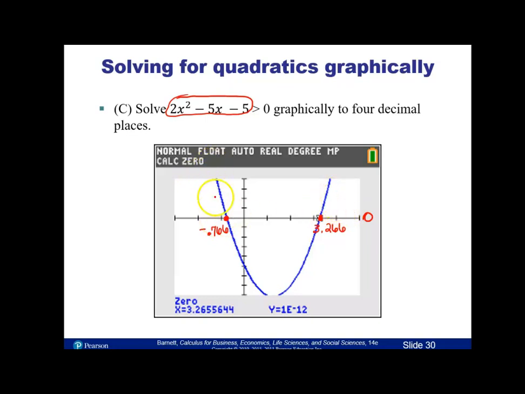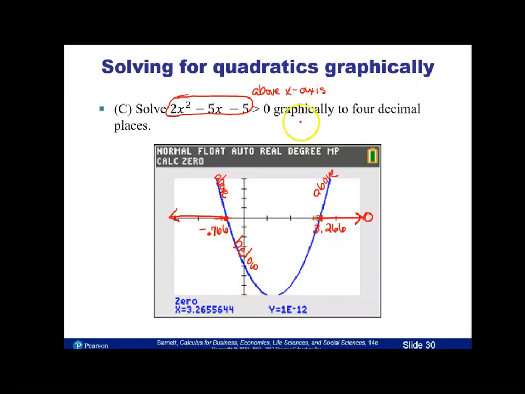The places that the graph is greater than 0 are where it's above the x-axis. It's above here, then for this whole part here it's below, and then it goes up above the x-axis again. So all the x's back this way, the function is above the x-axis, and all the x's going this way, they're above, but the ones in between, it's below.